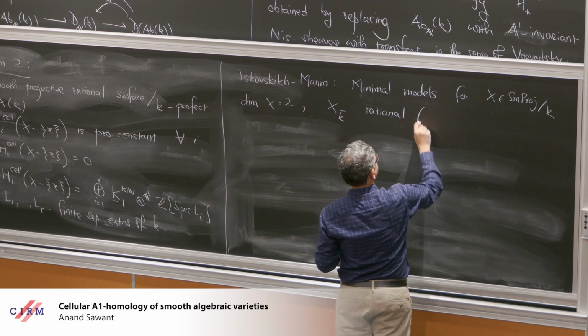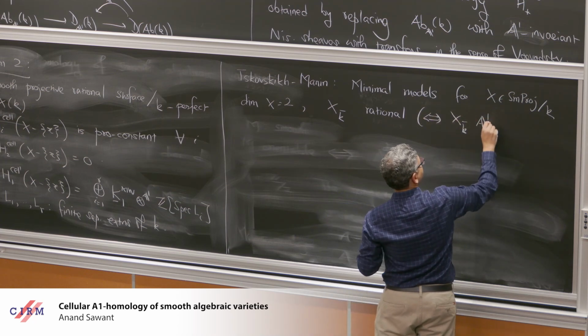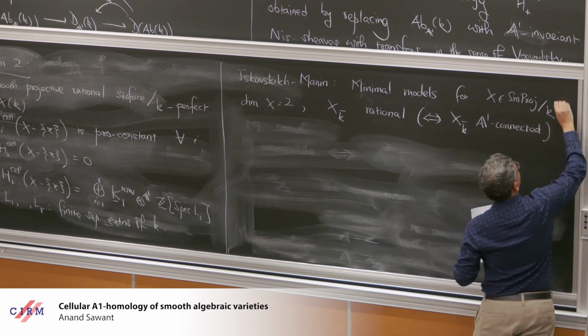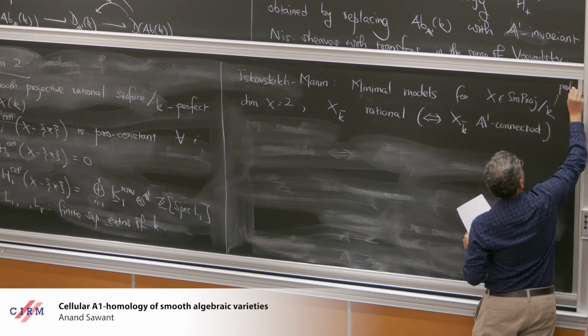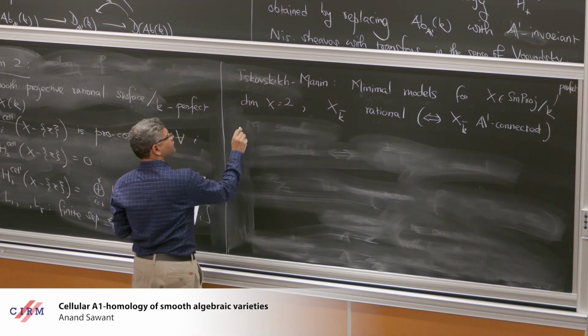And so this is basically equivalent to saying that X over k bar is A1 connected. It's important that k is perfect. And these are one of the 4 types.